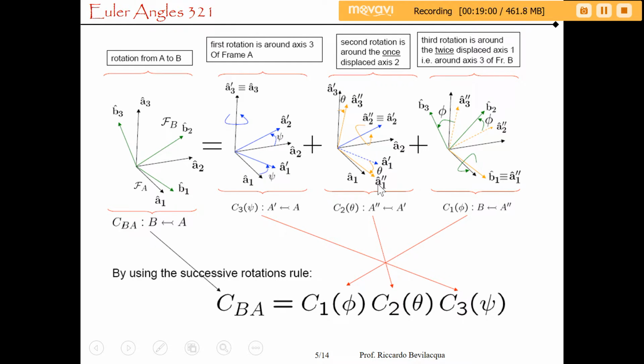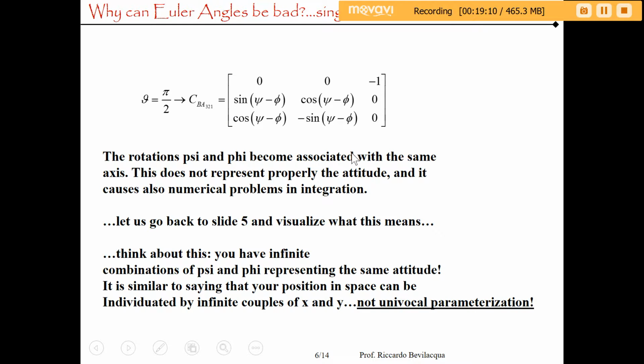And what happens is that you're going to have infinite combinations of this angle and this angle, psi and phi, that can give you the same final orientation. And that is a bad idea. You don't want any representation to be not univocal.